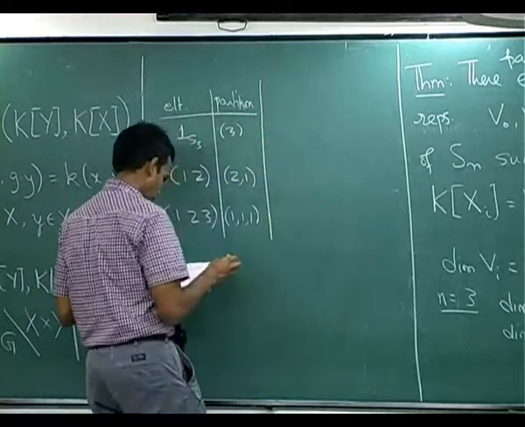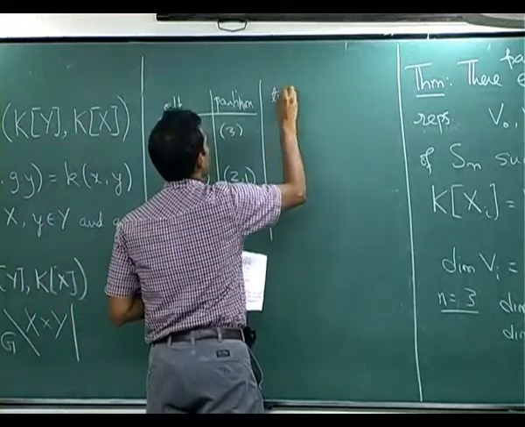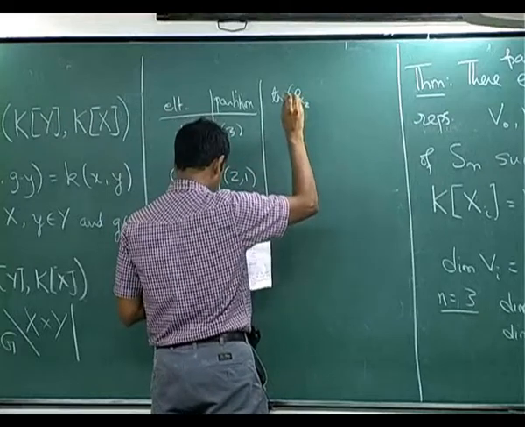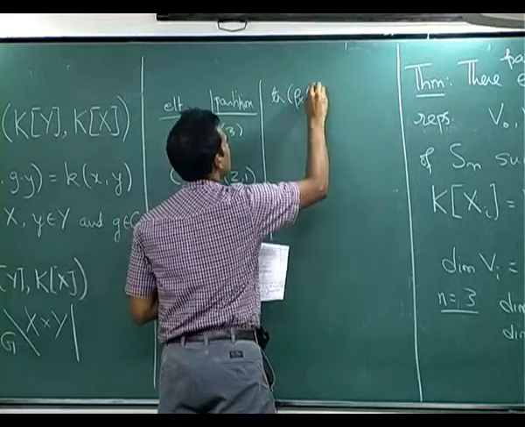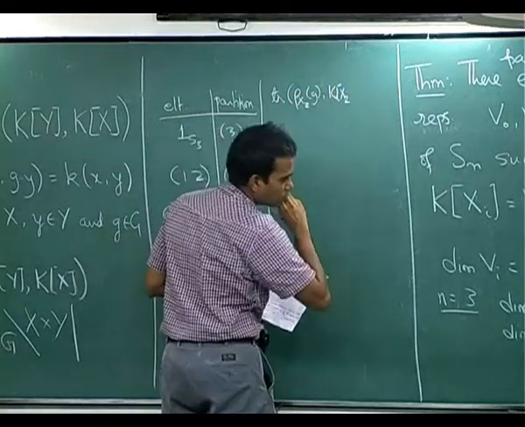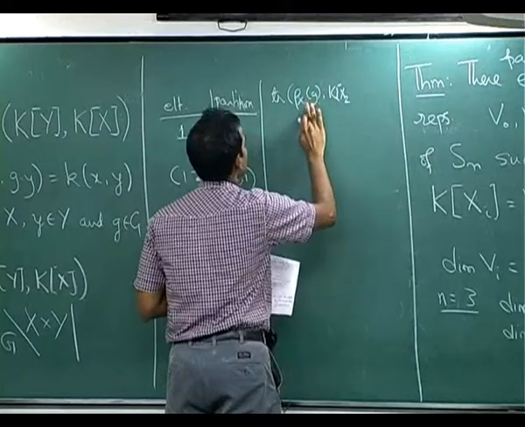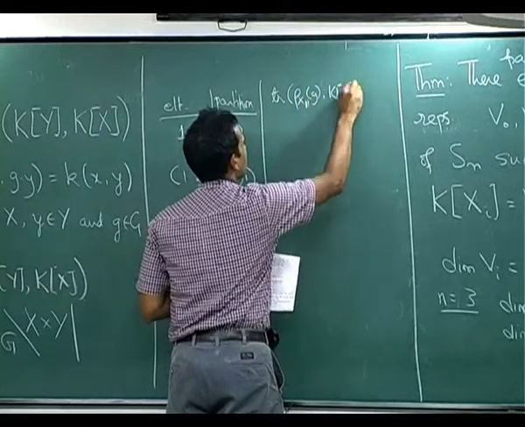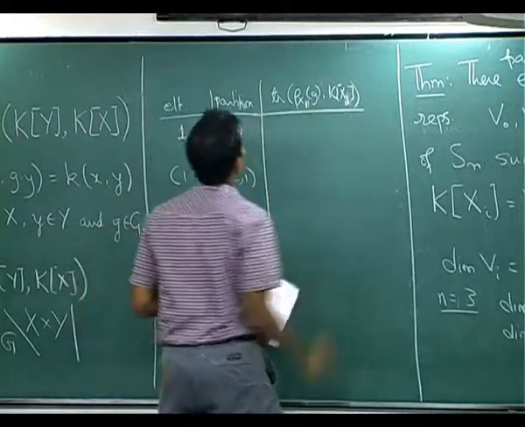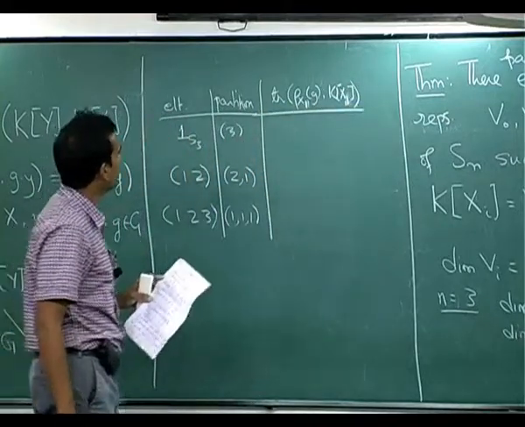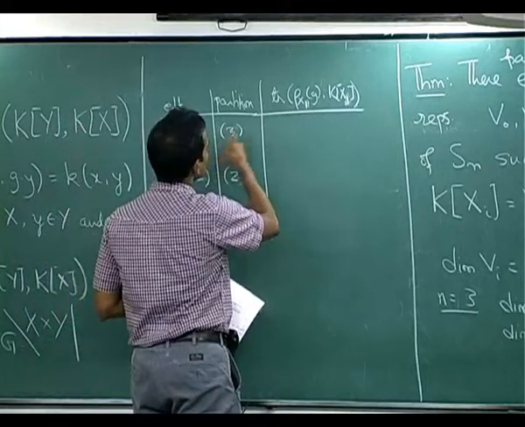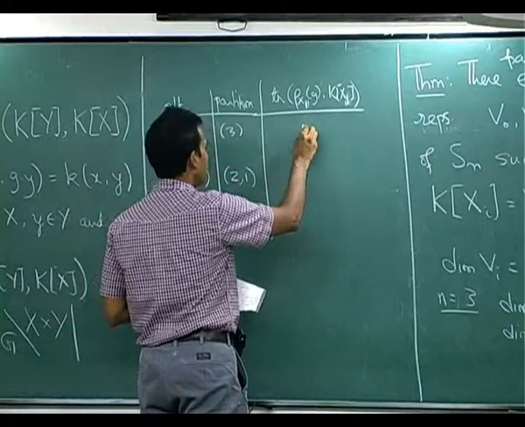And now let's write down the character of rho, let's say, of G on KX2, not 2, 1, we have only... okay. And well, this we know is just the dimension, so that's 3.